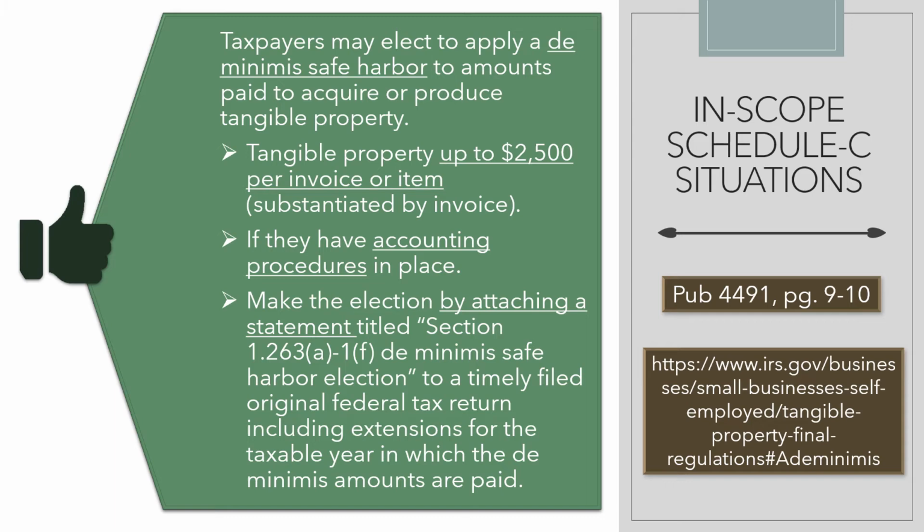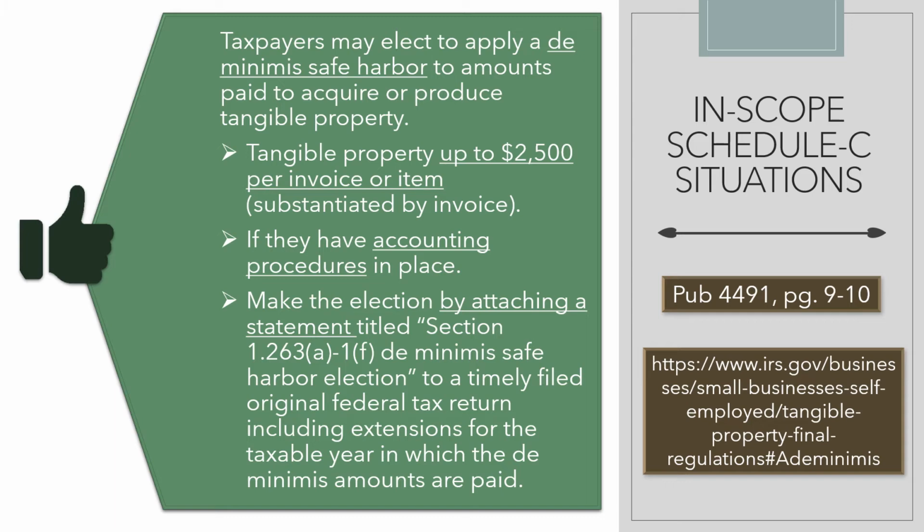They can elect to expense items of up to $2,500 per invoice or item, and it needs to be substantiated by the invoice. As long as they have an accounting procedure in place where they are consistently expensing these types of items. So they can't be taking some items and depreciating them and other items and expensing them. It needs to be consistent.